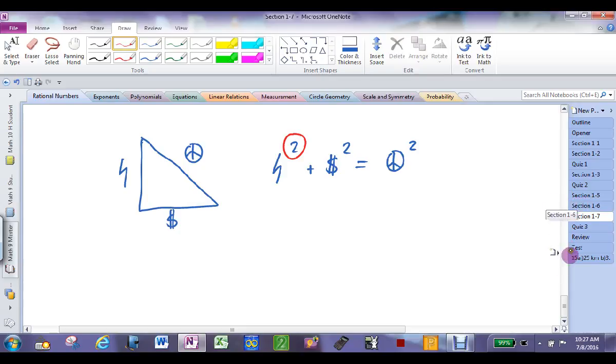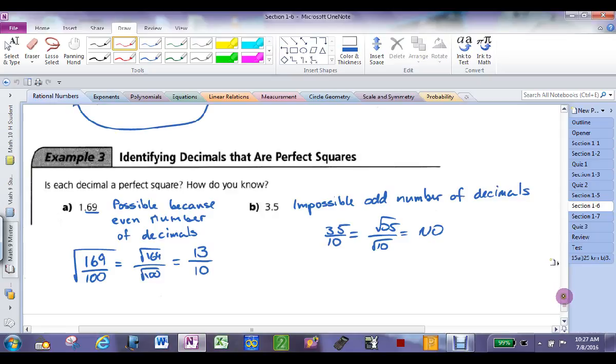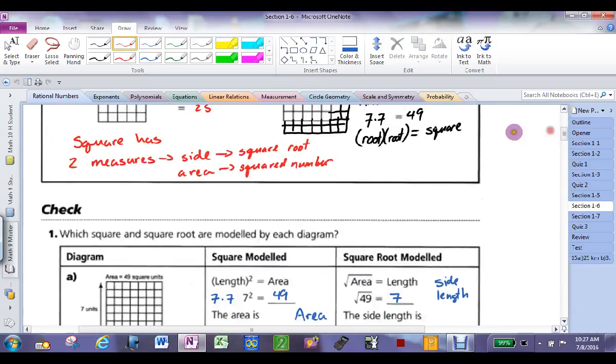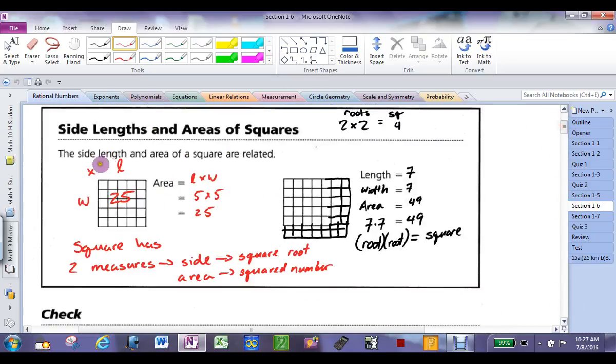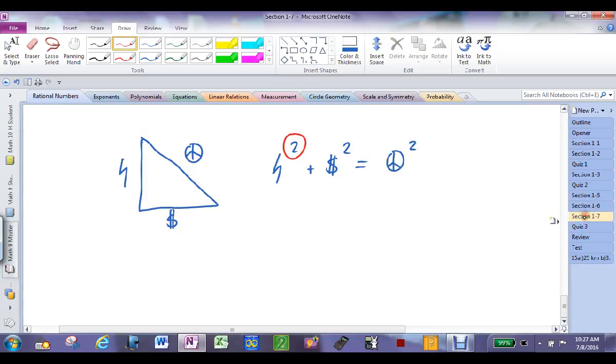No. How did we find the side of a square? It was the square root, yes? So how do I find the side of a triangle? I got to do a square root, don't I? Everybody forgets that. So if I want to do this question, I have to remember my last step is square root, always.